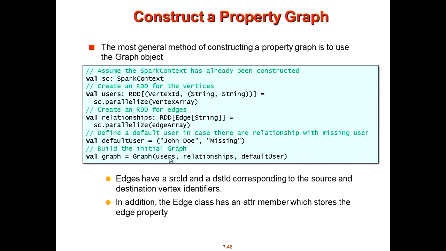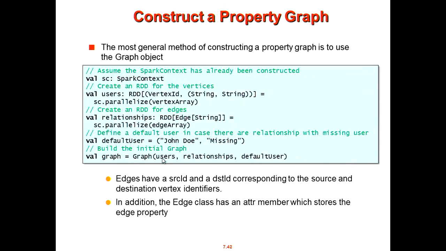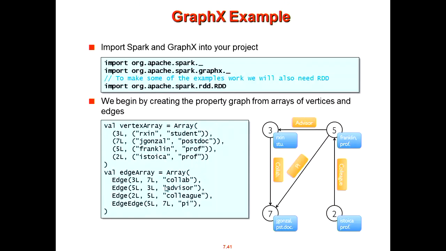This graph object actually represents this graph, and it contains all the required information in this graph: users RDD, nodes RDD, vertices RDD, and edges RDD. For the edges, each edge has a source and destination node, and also an attribute member to store the edge property. You can see like this.